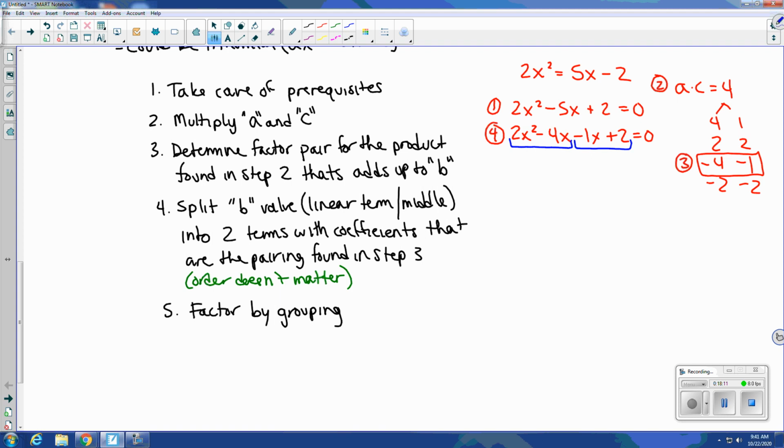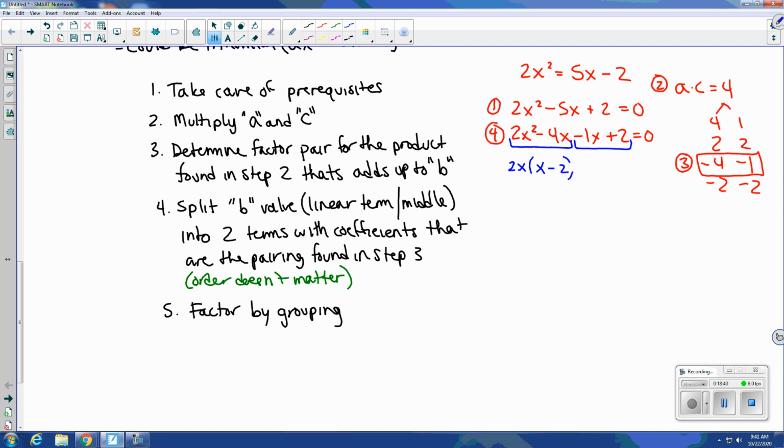What you're going to do is remove a GCF from each group. The GCF from the first group. Again, look at the numbers. The largest number that goes into 2 and 4 is 2. Then look at the variables. Largest variable that goes into x squared and x is just x. What's left over is what happens if you divide both terms by that GCF. 2x squared divided by 2x is just x. 4x, or -4x I should say, divided by 2x is -2.